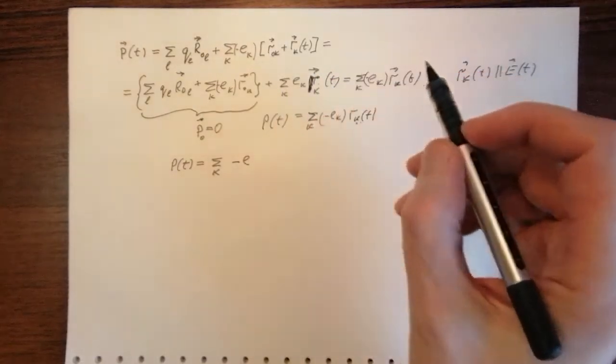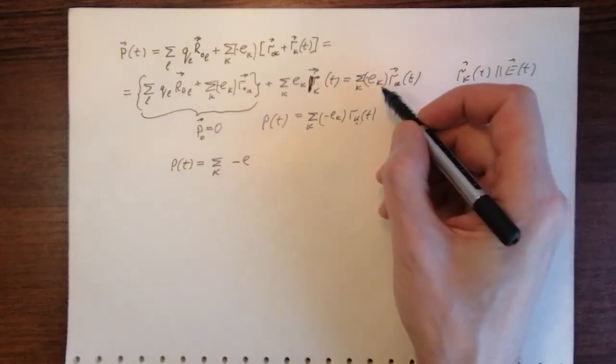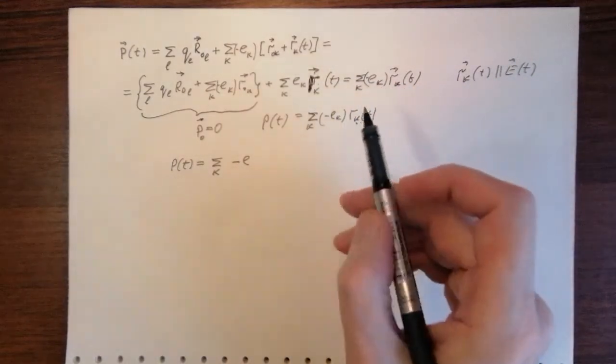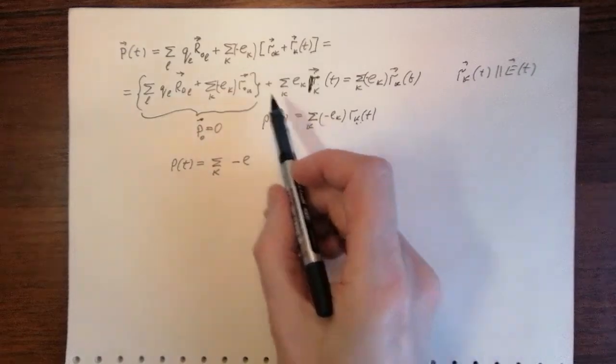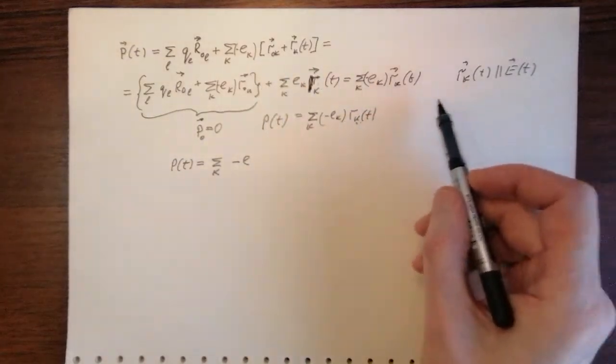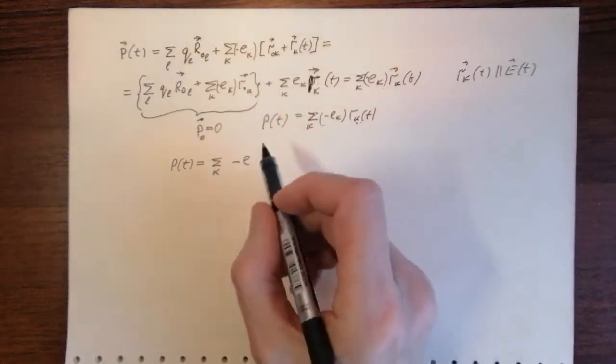All electrons, of course, have the same charge, so this k we can omit, because everywhere this is the charge of the electron, not something else.